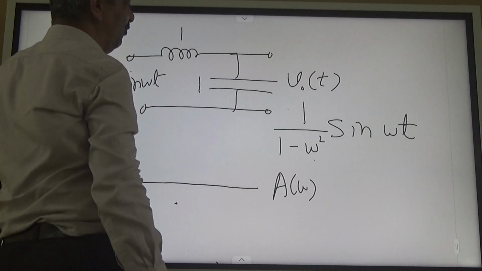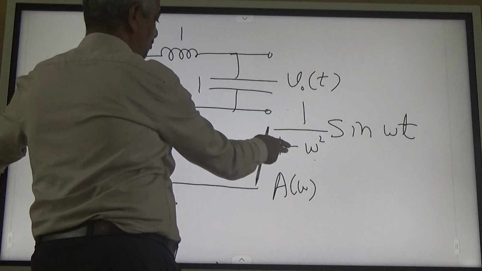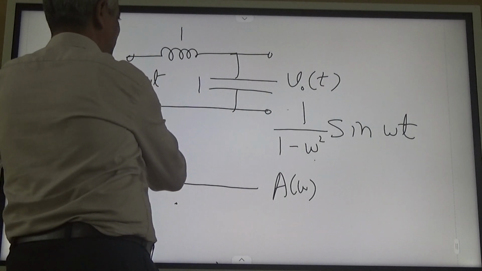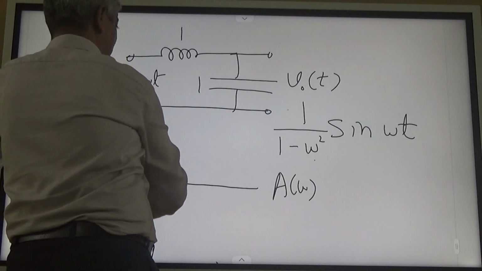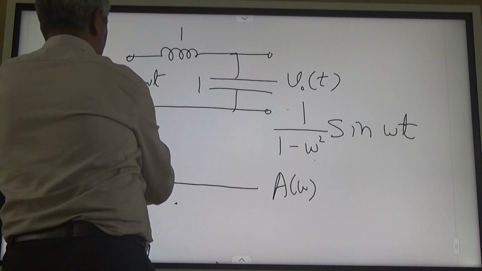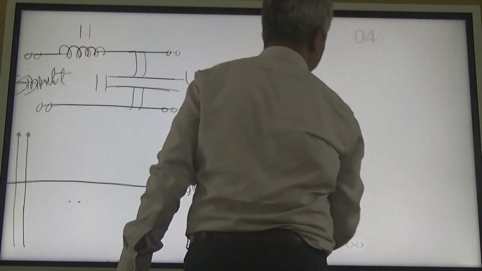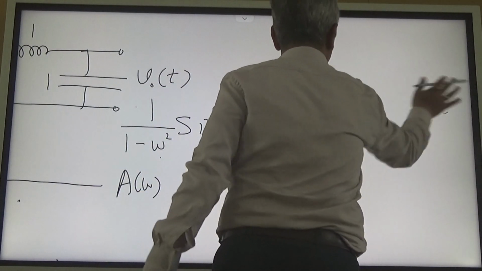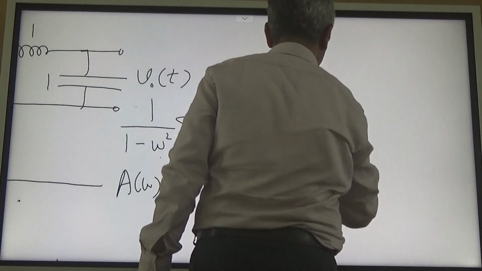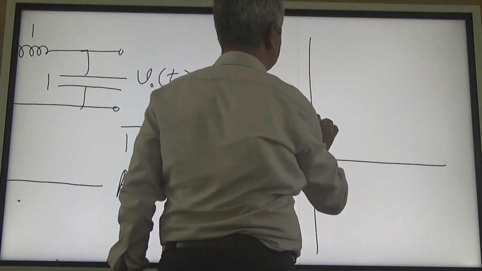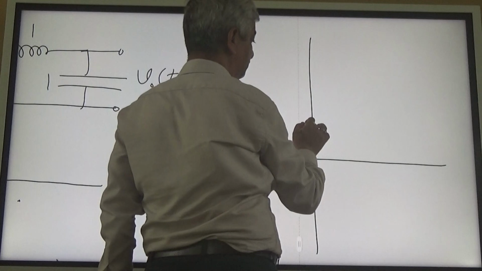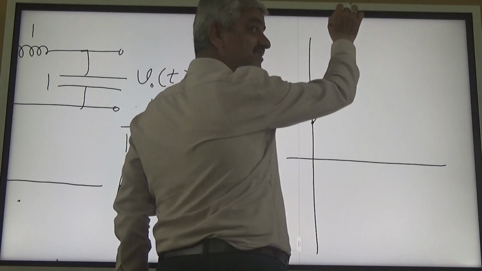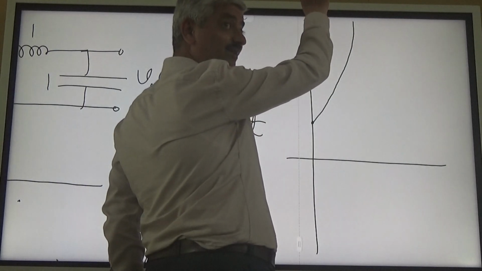As omega increases from 0 and approaches 1, the gain becomes infinite at omega equal to 1, right?